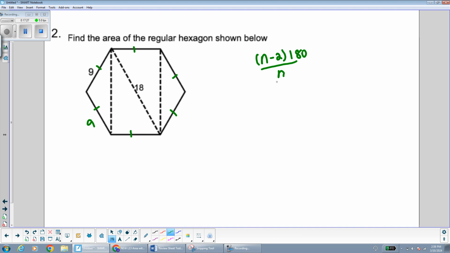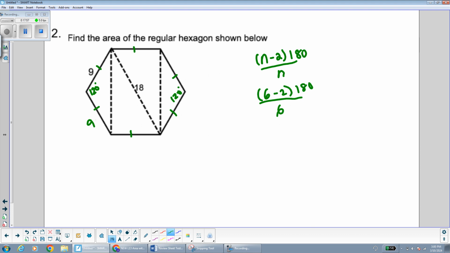So I'm going to plug in 6 for n because there are 6 sides of this hexagon. That is 4 times 180 divided by 6, and that is 120. So each angle of this regular hexagon is 120.